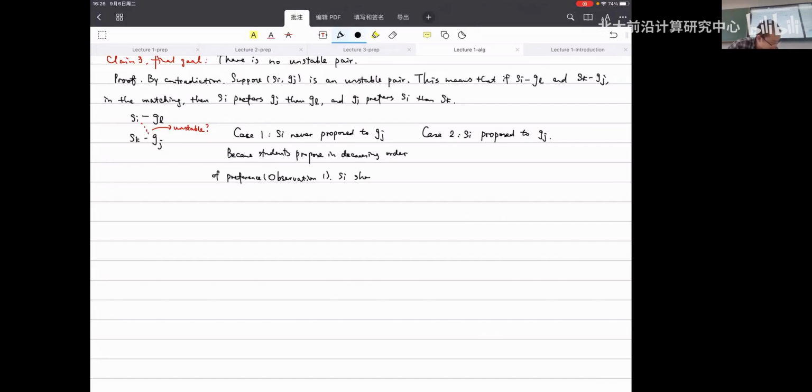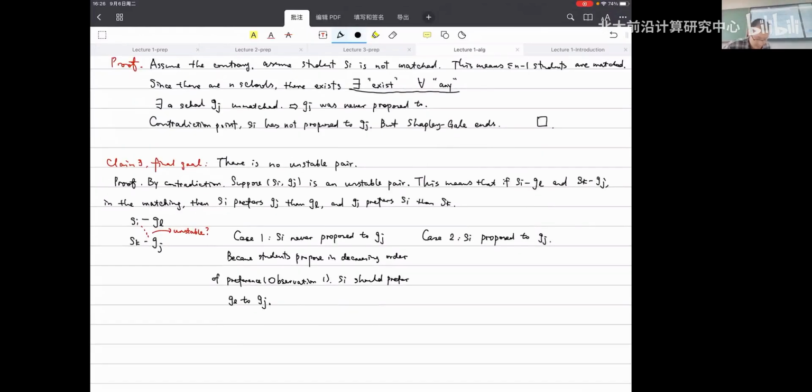SI should prefer GL to GJ. So for this case 1, we get a contradiction here.